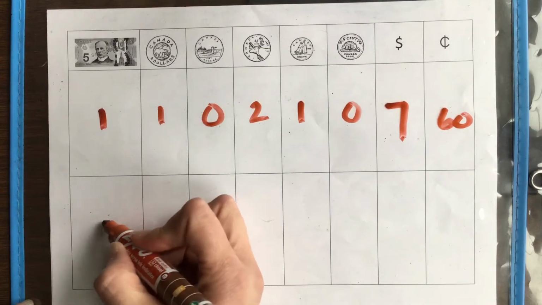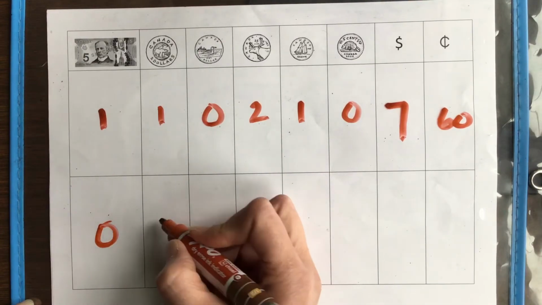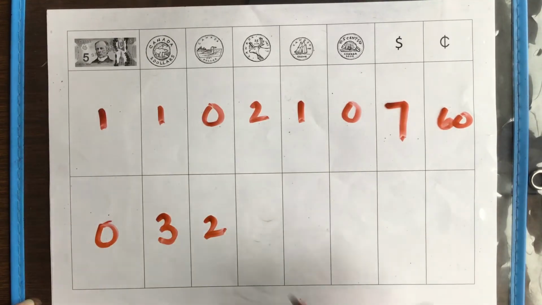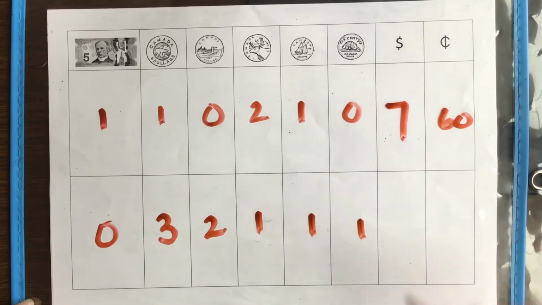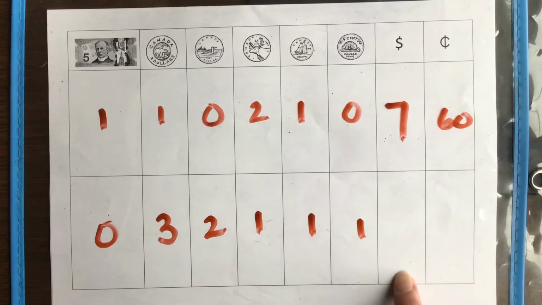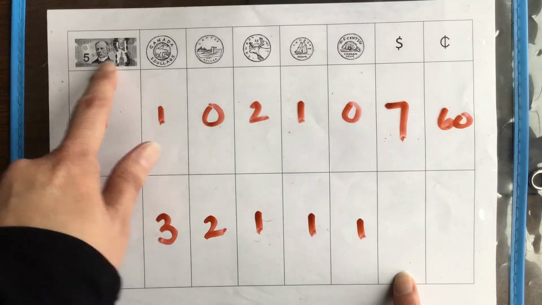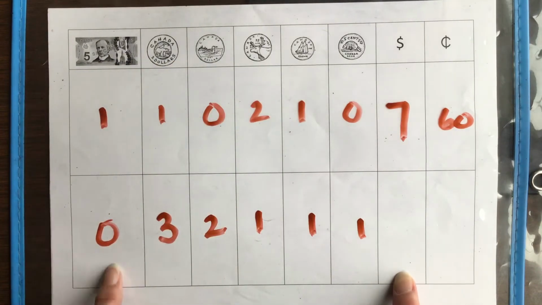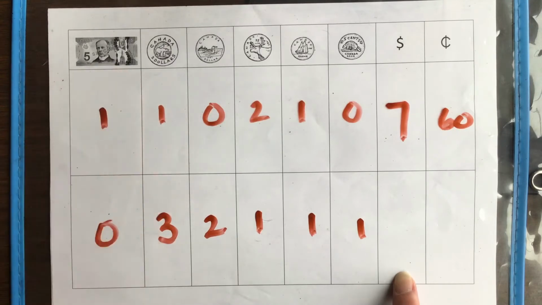What if I have 0 $5, I have 3 toonies, 2 loonies, 1 quarter, 1 dime, and 1 nickel. Okay, let's go straight across the board like all ones there. All right, the first thing we do is we look at how many dollars we have. Again, there's $5, $2, and $1. Let's see how many we have of each. I have 0 $5 bills.